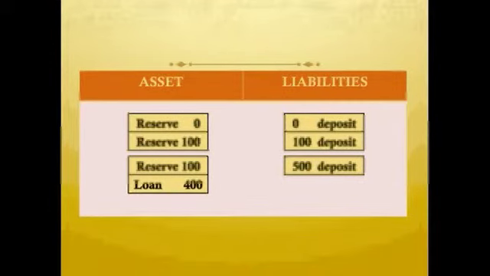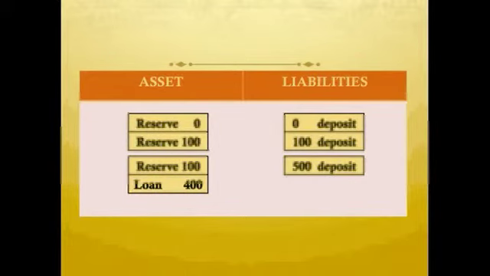Assume that there is only one private bank in the country. The required reserve ratio is 20%, and the bank starts off with nothing. Now suppose that someone deposits $100 in the bank, and the bank deposits the $100 with the central bank. So it now has $100 in reserves and liabilities of $100.